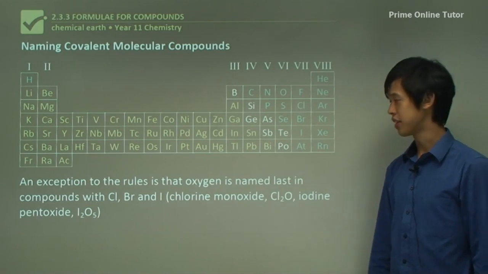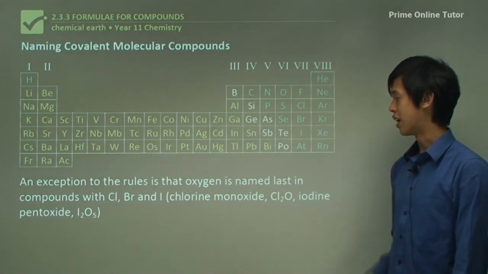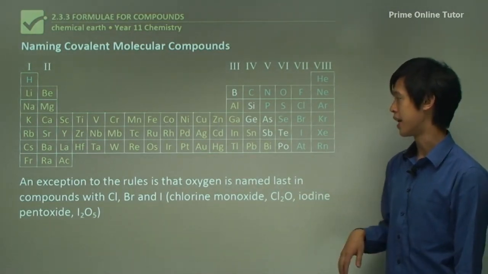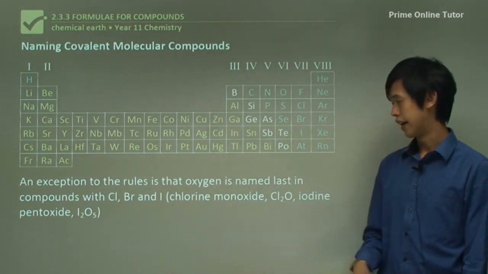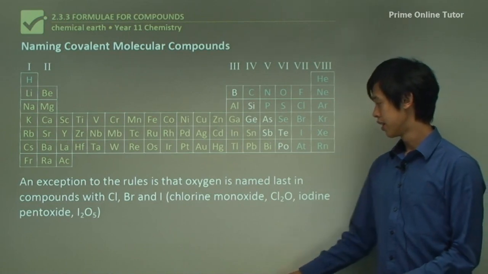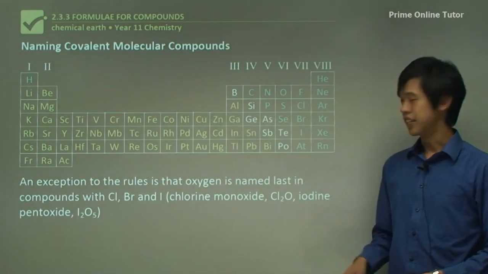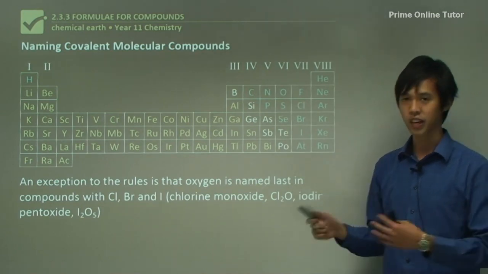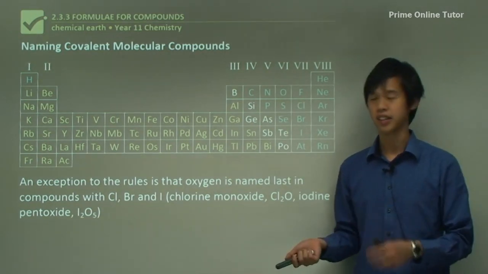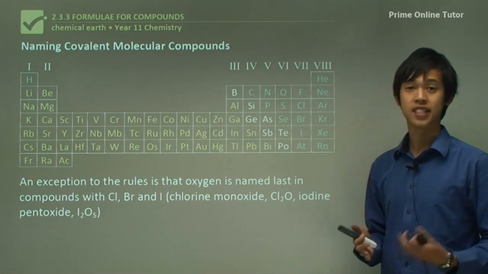Now, an exception to this rule is that oxygen is named last in compounds with Cl, Br, or I in them. So for instance, Cl2O shouldn't be oxygen chloride or oxygen dichloride. It's actually always oxide last.